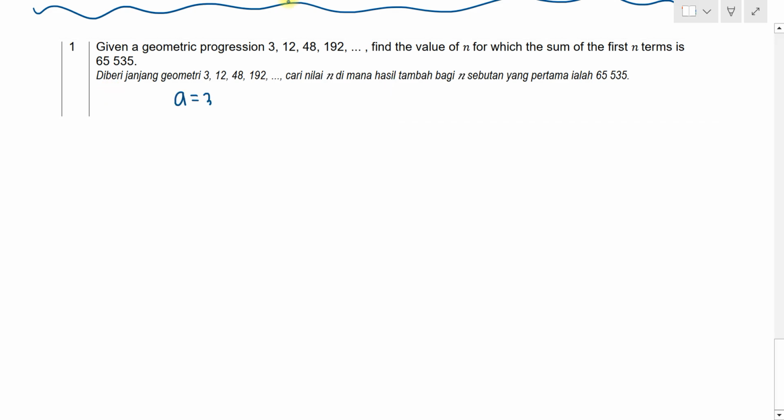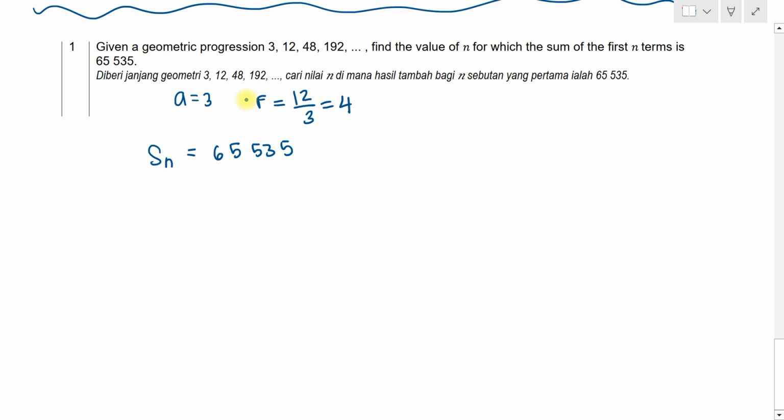So your A is equal to 3, and your common ratio, this is your GP, right? 12 over 3, which is equal to 4. So they are telling us Sn is equal to 65,535. Find out the value of n.